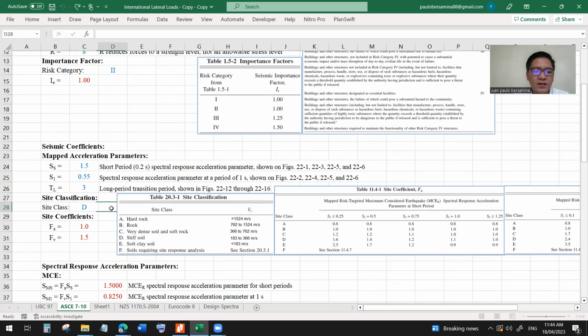Then soil type D. So naalala nyo yung sa UBC natin, yung nag-dictate sa atin is the soil type and the distance to the fault line. Siyempre, kung ano yung zone mo, distance. So, tatlo lang na yun.